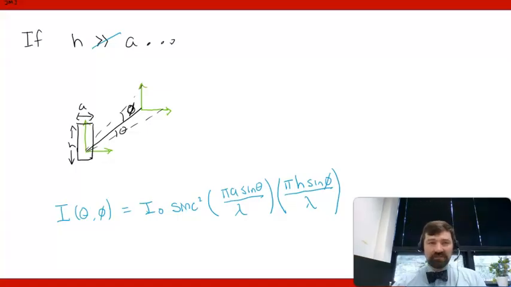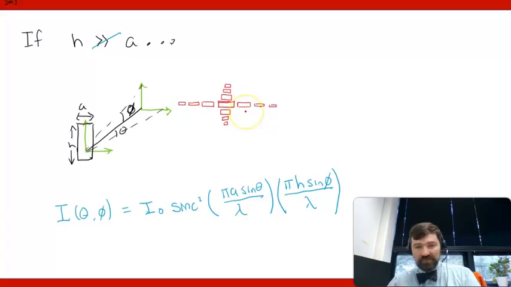And so what that may look like is this. You end up with this cross pattern. In this case, because the height is relatively long compared to the width, you end up with a cross that's short compared to the arms of the pattern.